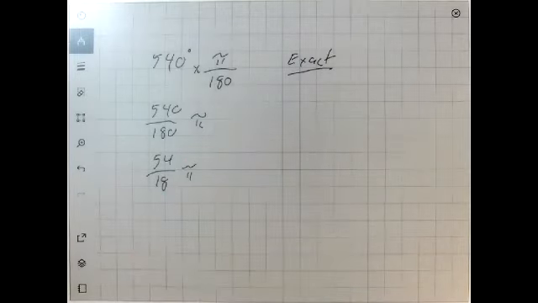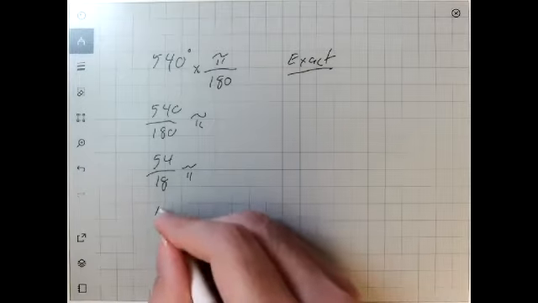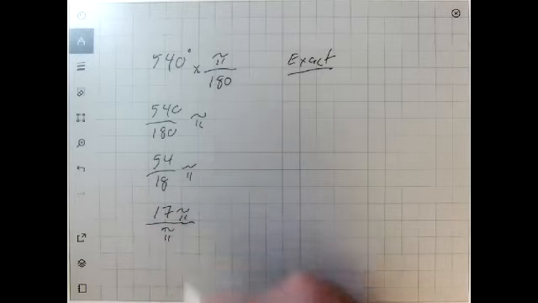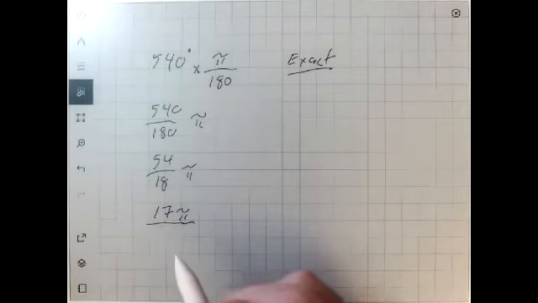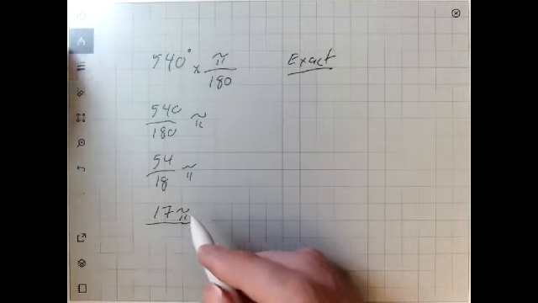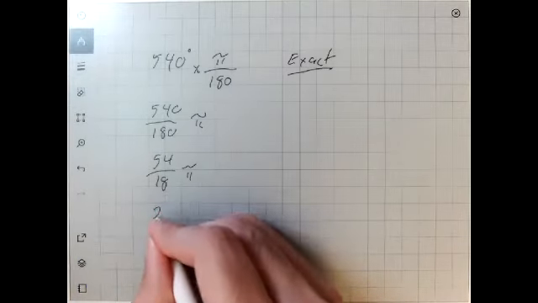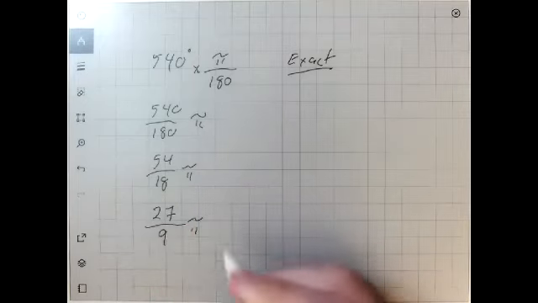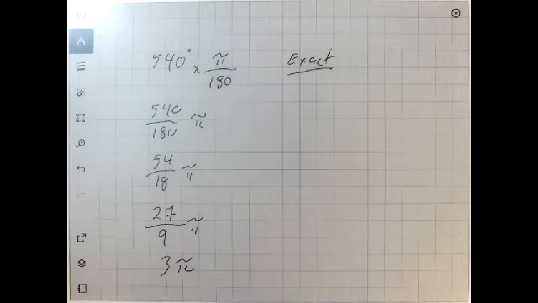And these are both even, so I'll try dividing by 2. 54 divided by 2 is 27, 18 divided by 2 is 9, and 27 divided by 9 is 3. So I get that 540 degrees is 3 pi radians.